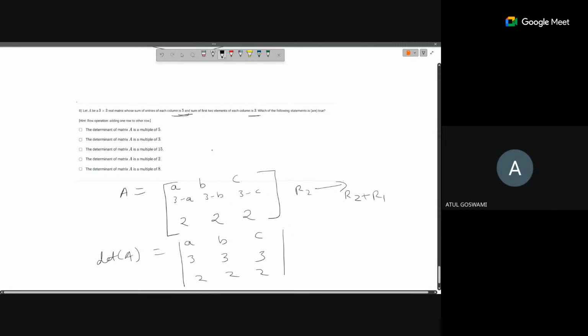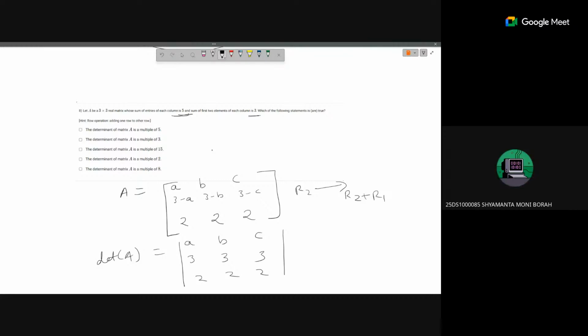So the sum of entries in each column is 5. Yes. And the sum of the first two elements of each column is 3. It's saying sum of the first two elements only, right? Yeah, the sum of the first two elements in each column, and whose sum of entries of each column is 5.